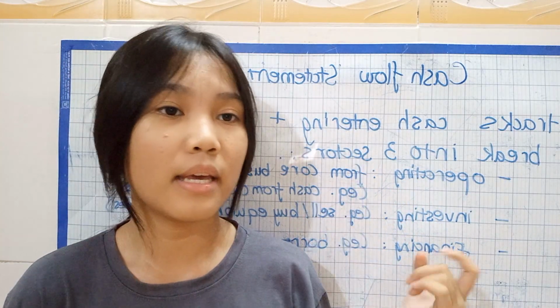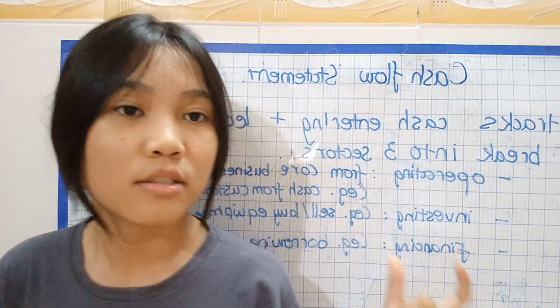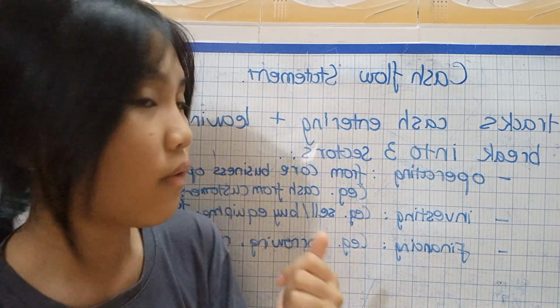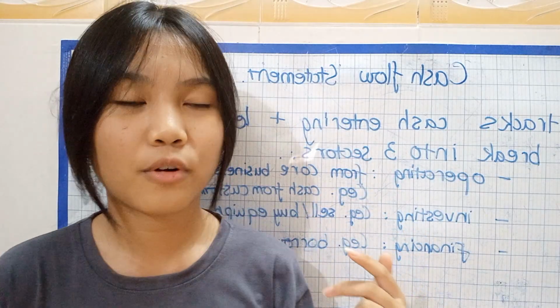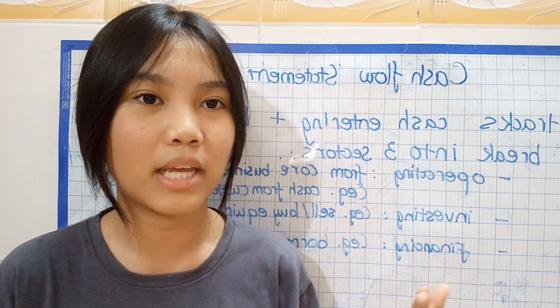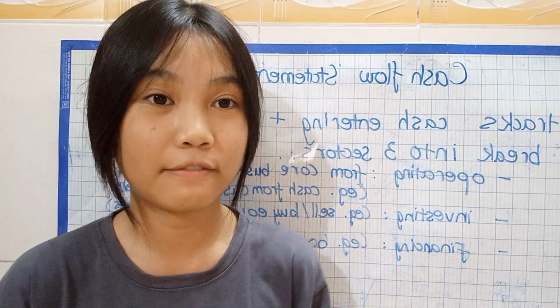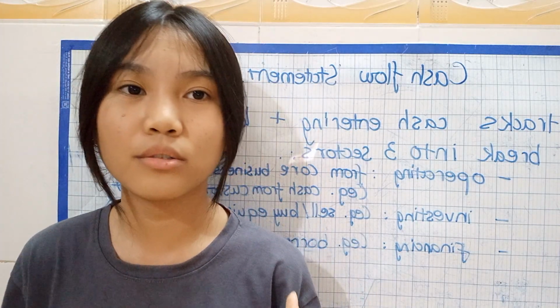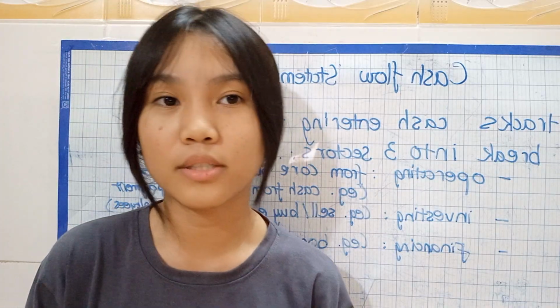And thirdly is financing. These financing activities could be, for example, borrowing money from other businesses, or repaying the debts that you incurred in the past. So let's say last year your company borrowed from a person.